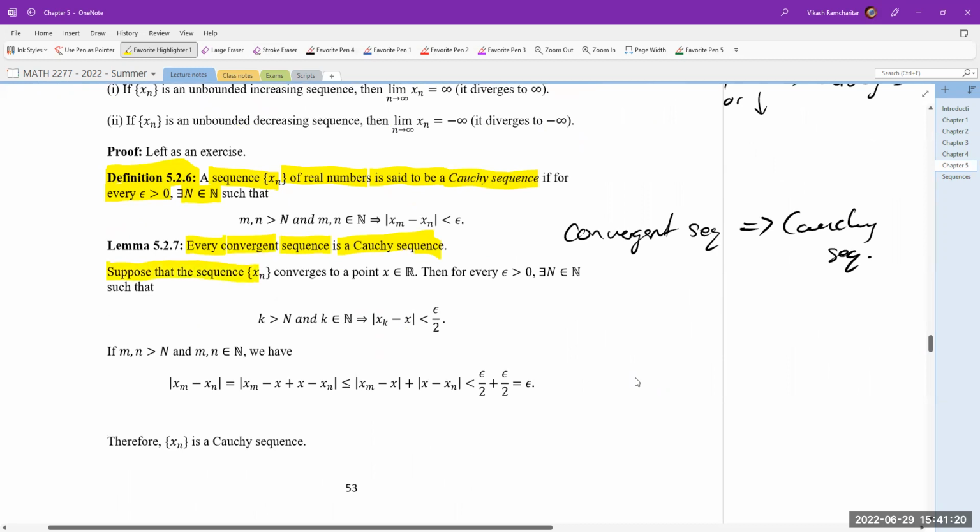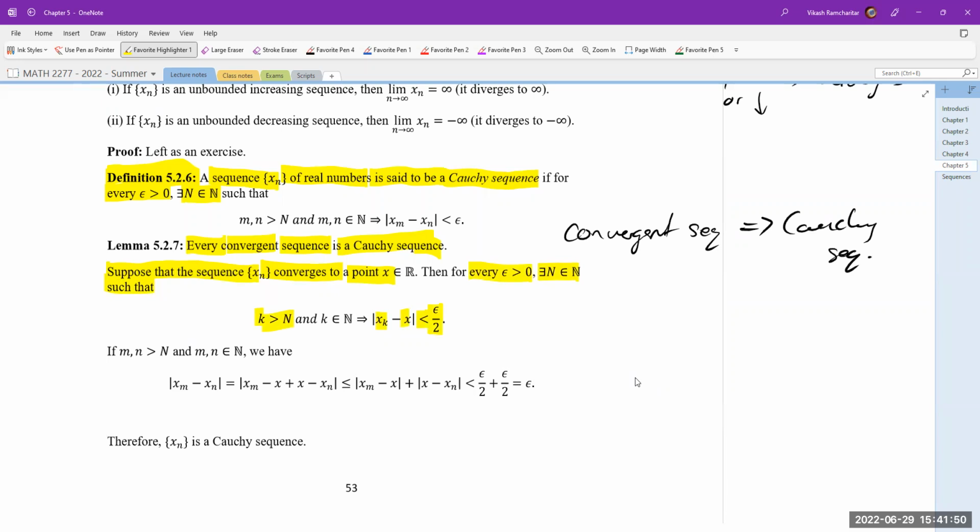Suppose that our sequence is convergent, it converges to a point x. Write the definition for the convergence. That means for any radius, there exists a natural number N, such that if I take a natural number k bigger than this N, the distance of that k term to this limit is less than epsilon, but to make things neat, we're going to do epsilon over 2.